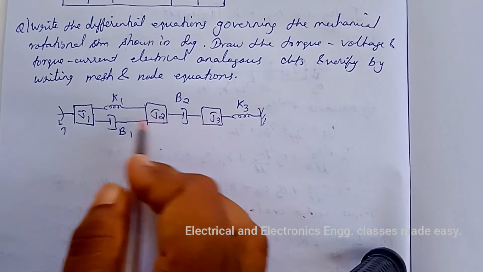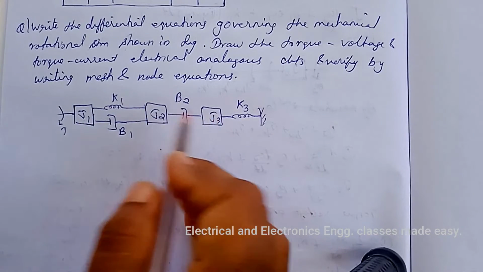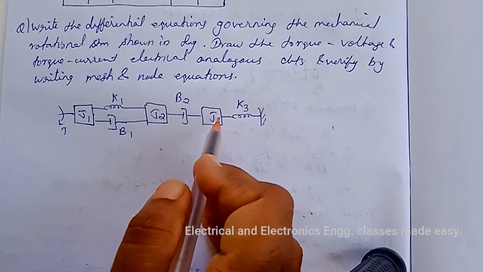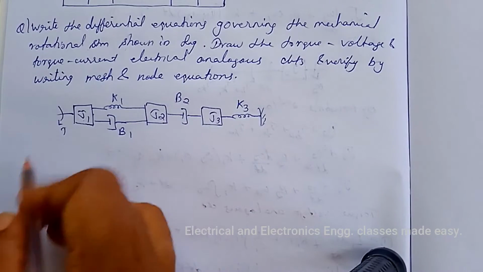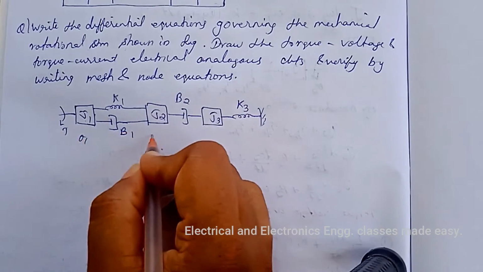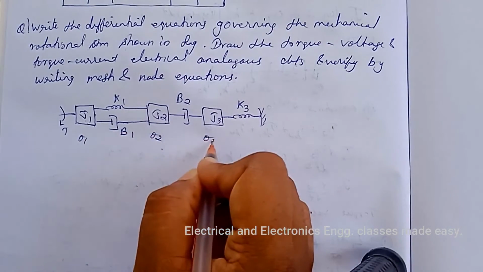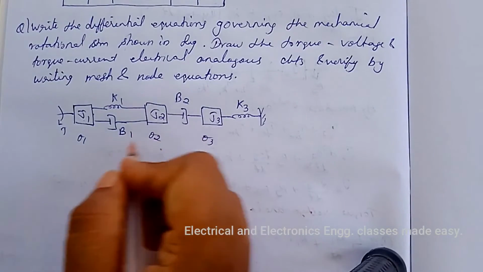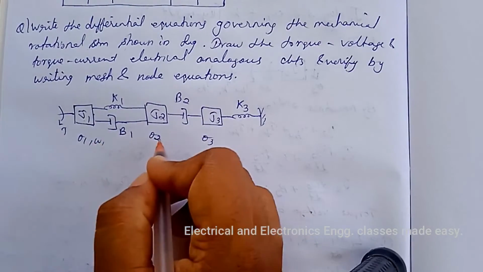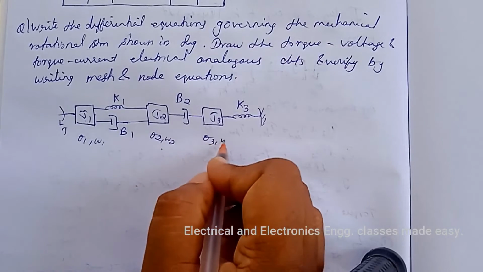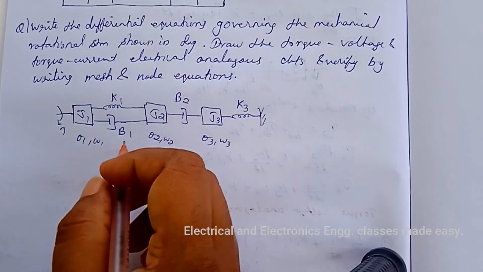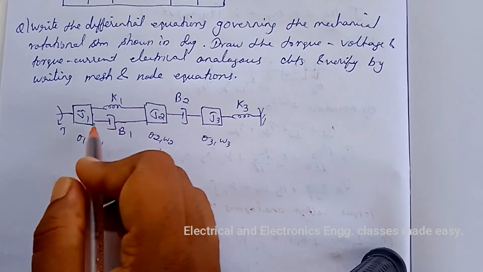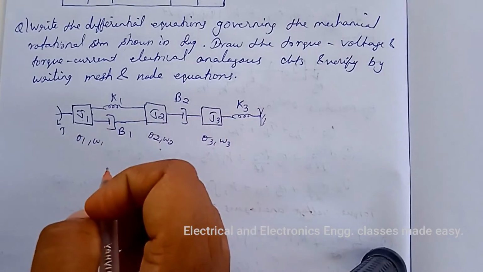So we have to draw the three free body diagrams and their differential equations. Let theta 1, theta 2 and theta 3 be the three angular displacement and omega 1, omega 2 and omega 3 be the angular velocities of these three nodes J1, J2 and J3.